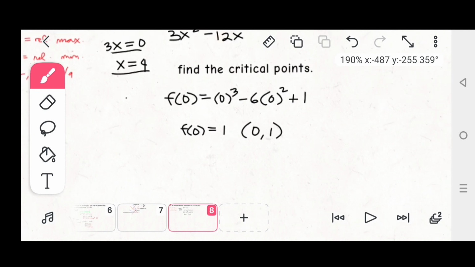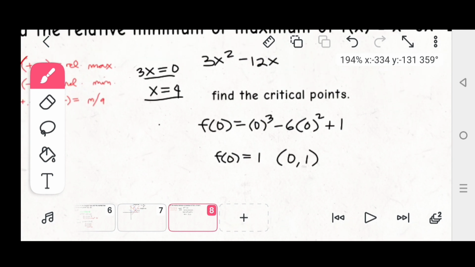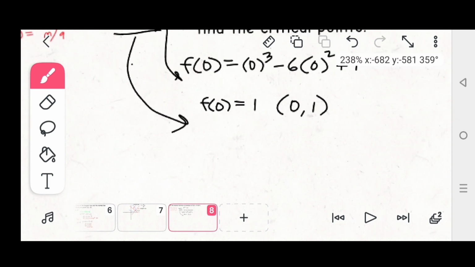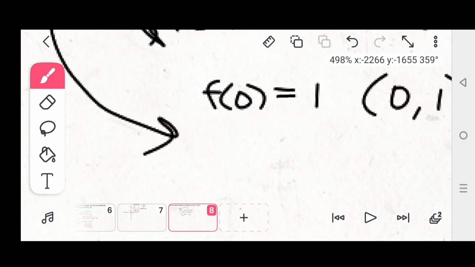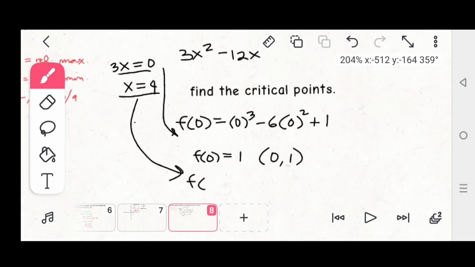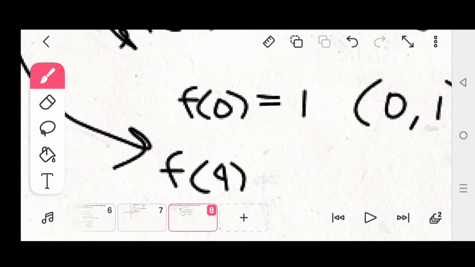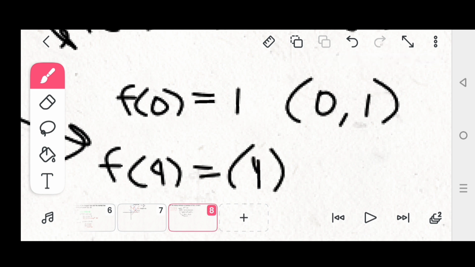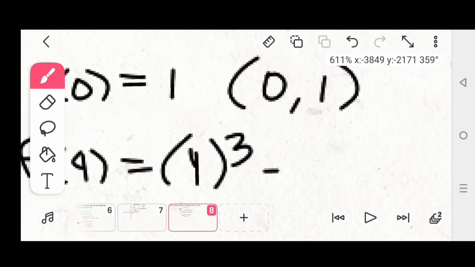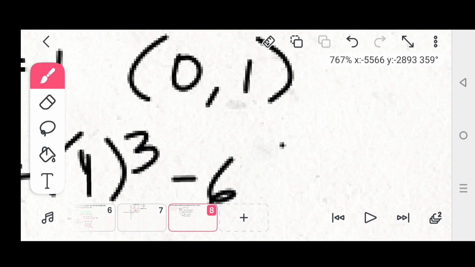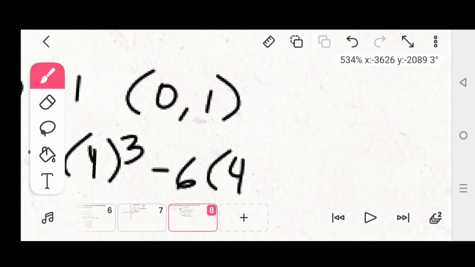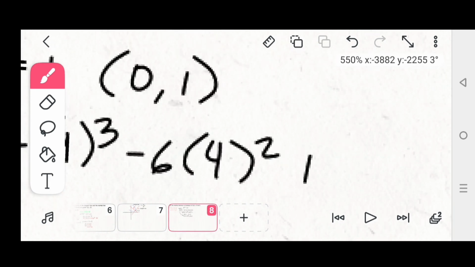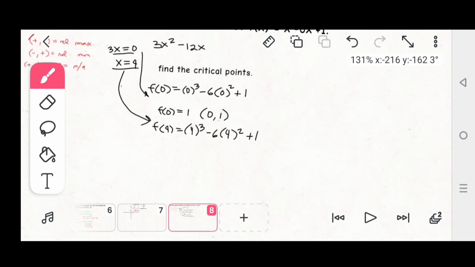And now let's find the second one. Let's substitute the value of 4: 4 cubed minus 6 times 4 raised to 2 plus 1.